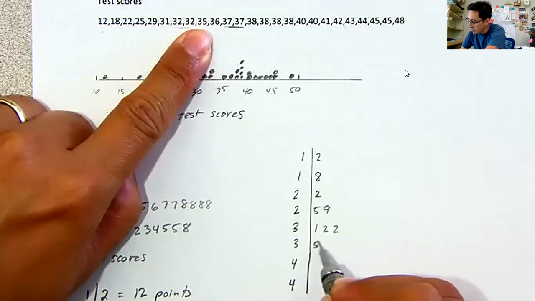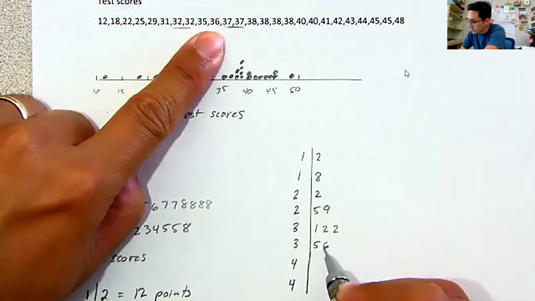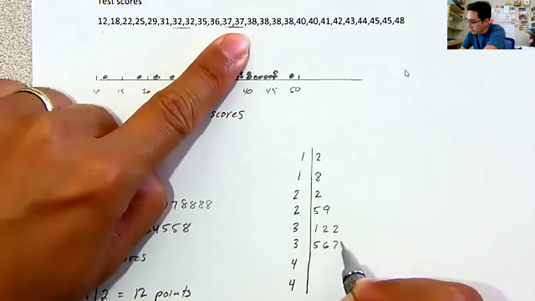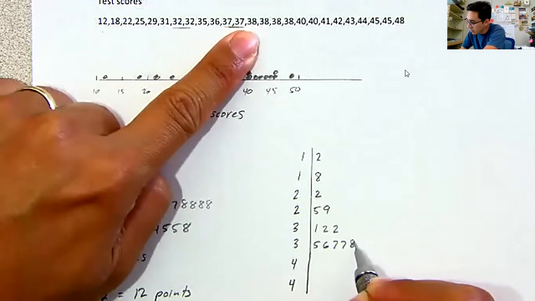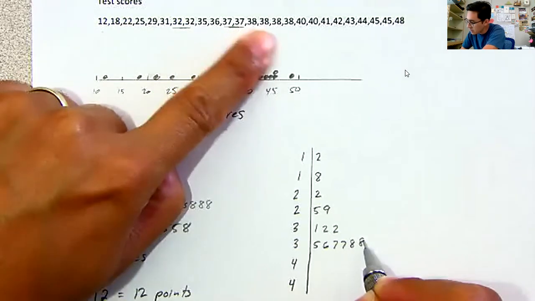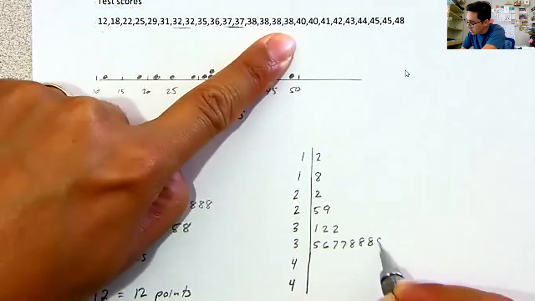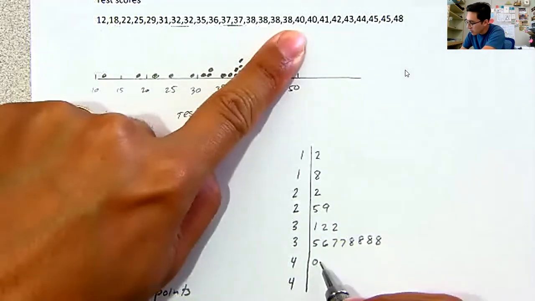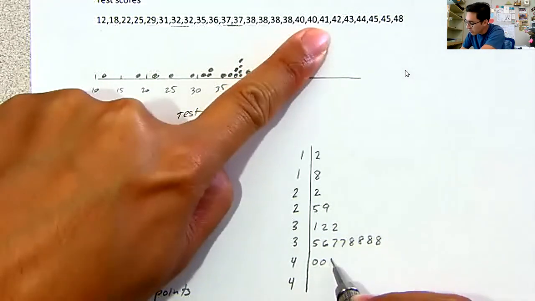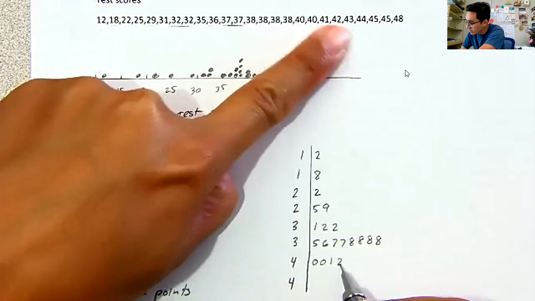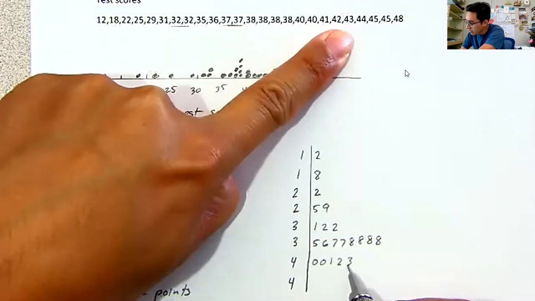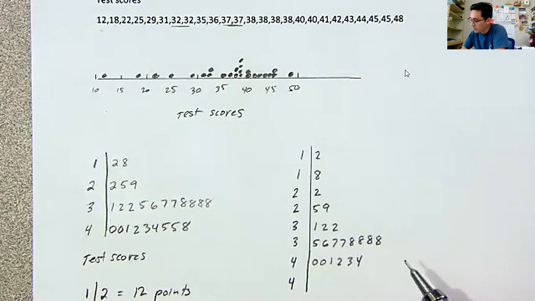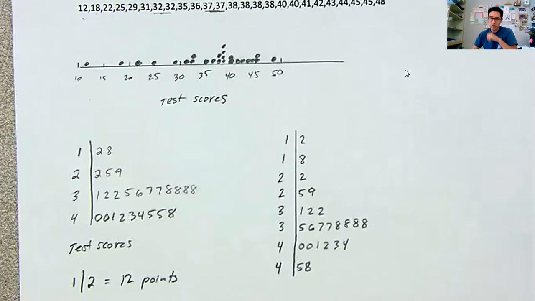And then 35, 36, 37, 37, 38, 38, 38, 38. Those are all my high 30s. Okay. 40, 40, 41, 42, 43, 44, and then 45 and 48 are my only high 40 test scores.